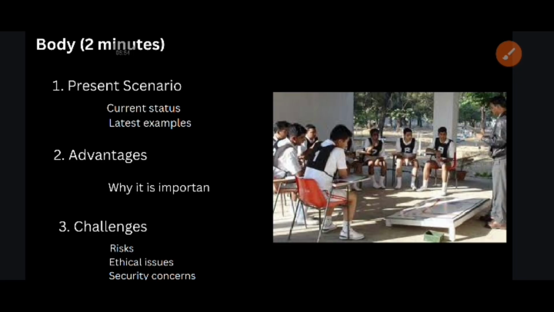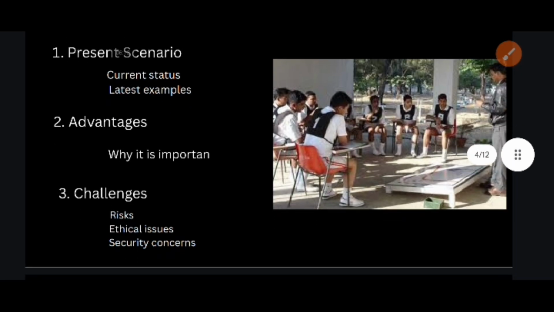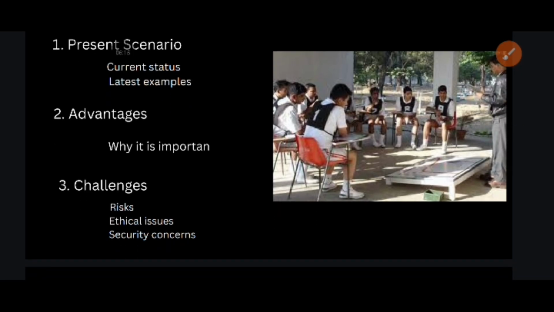In the advantages, you have to tell why it is important, and you can give them in points to reduce unnecessary wording and length, so that you have time for the conclusion. You can also give the challenges in points, or include them in the form of sentences.